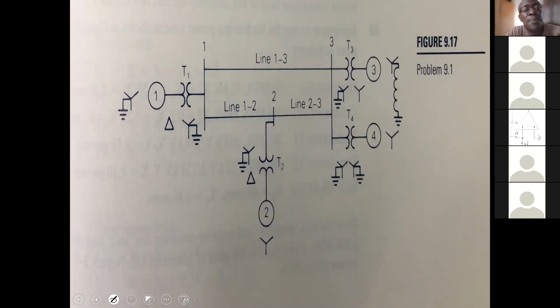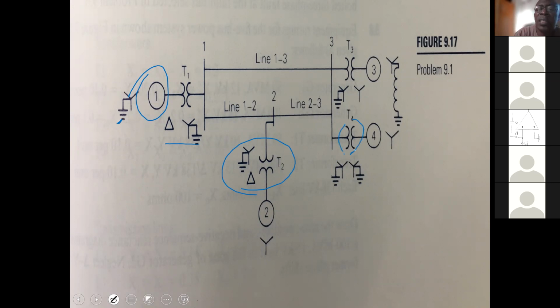For this circuit, we have our generator. Yes, we know that it is solidly grounded. For your transformer, we have a delta star, again solidly grounded. You look here, you have another one, star delta.